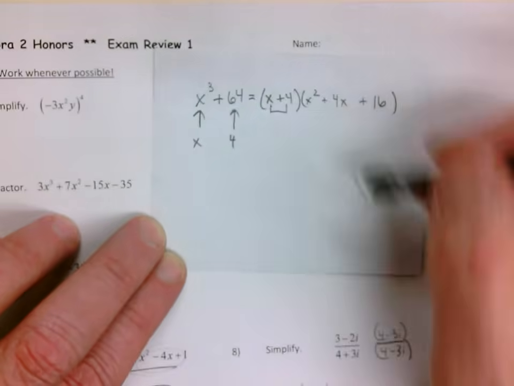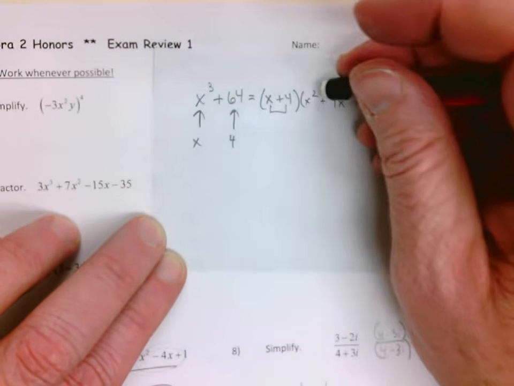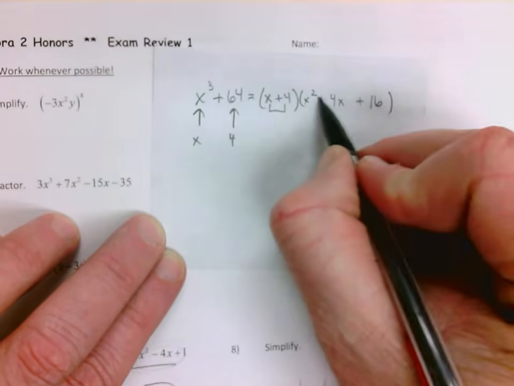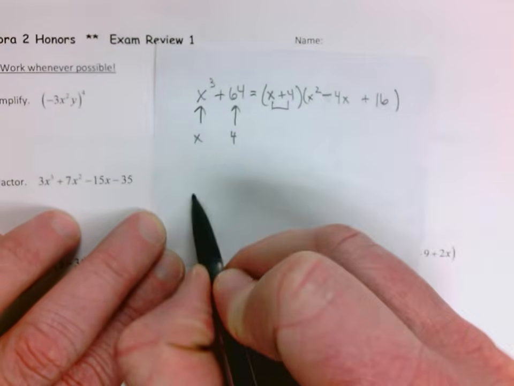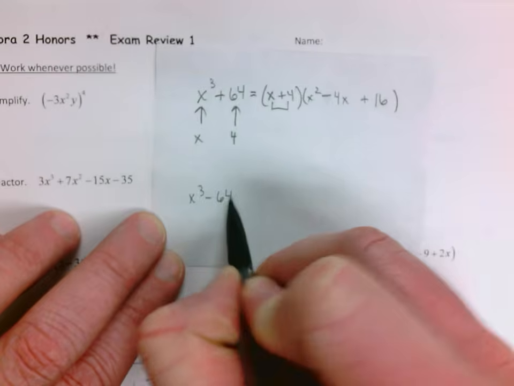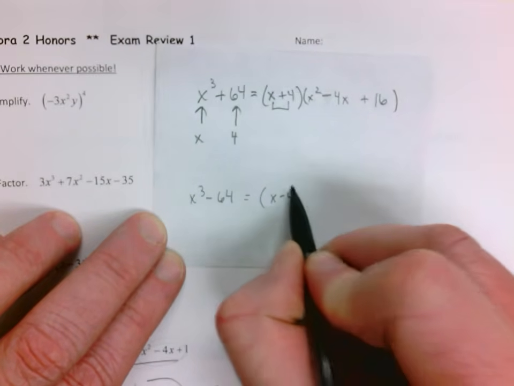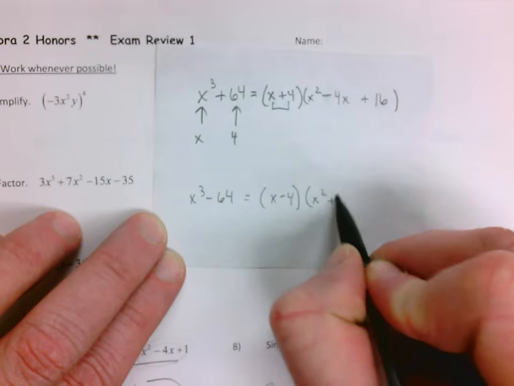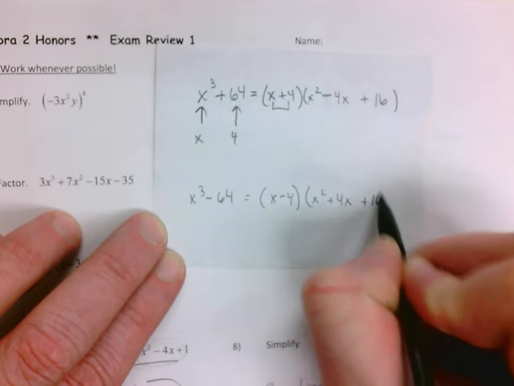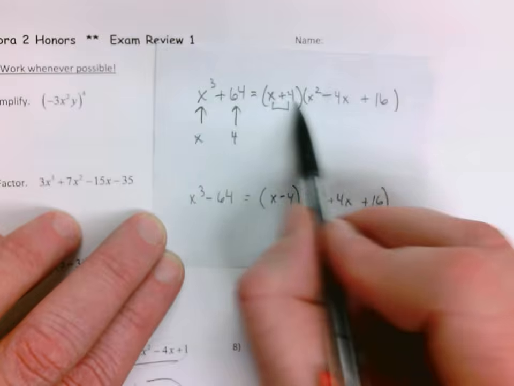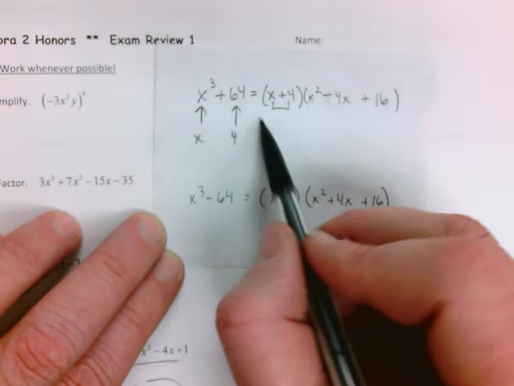And if this was plus here, then we had a minus here. If this was x cubed minus 64, it would have been x minus 4 here and x plus 4 there. You can always adjust your signs here after you check it if you forget the rule.